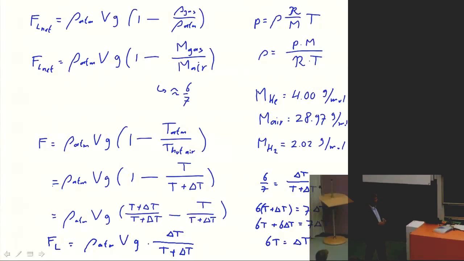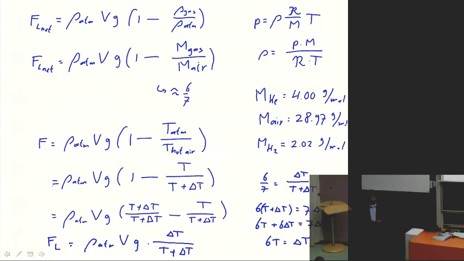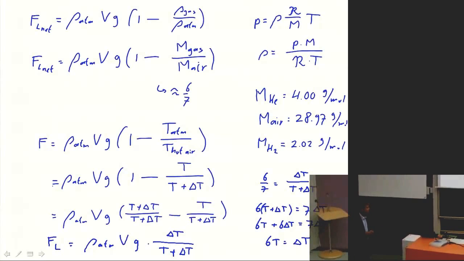That means we need an increase of temperature of 6 times 300, 1800 Kelvin. So the temperature of the hot air inside should be close to 2100 Kelvin, or 1800 degrees Celsius, which is the temperature of a blowtorch. So that's not something your hot air balloon would survive.